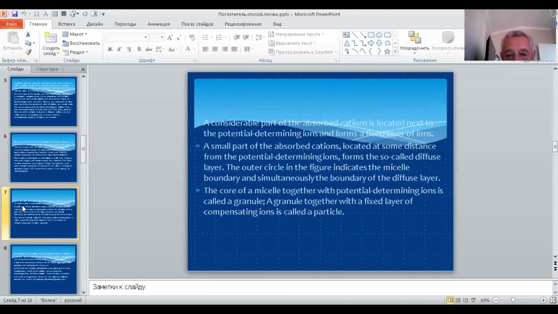A small part of the absorbed cations located at some distance from the potential-determining ions forms the so-called diffuse layer. The outer circle in the figure indicates the micelle boundary and simultaneously the boundary of the diffuse layer.